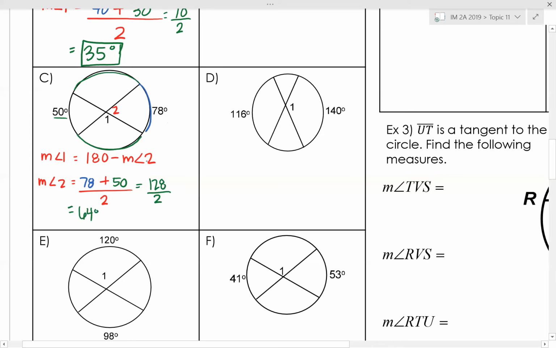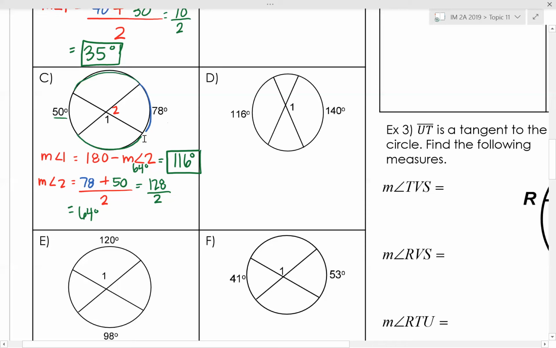So if I subtract 64 degrees from 180, so 180 minus 64, the angle that I want is 116 degrees. Okay, so if I don't have the right arcs, I can always find the other angle and then just subtract it from 180 to find the answer that I'm looking for.